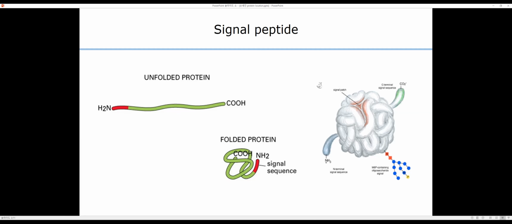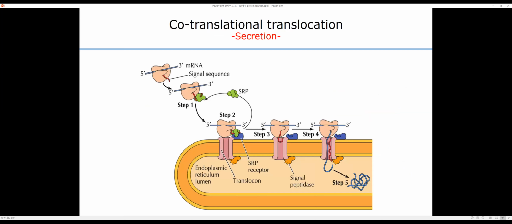This signal is recognized by another shuttle protein. This signal does not need to be long. It can be 2, 3, or 4 amino acids, a short peptide, which can be recognized by a shuttle protein. They bind to this, and the shuttle protein carries this protein to the target.